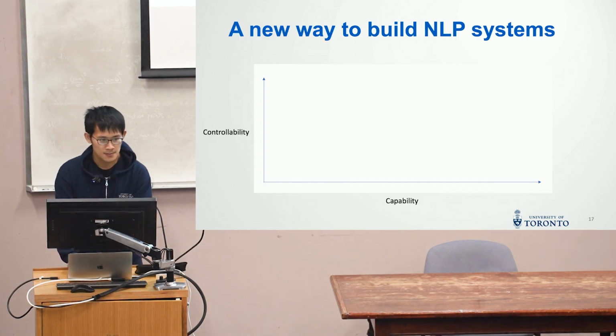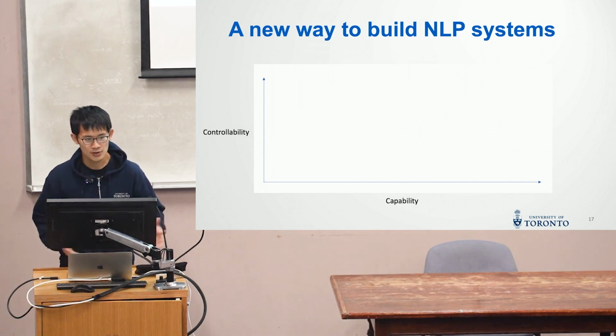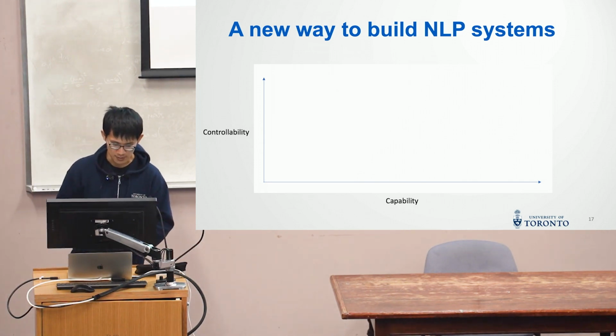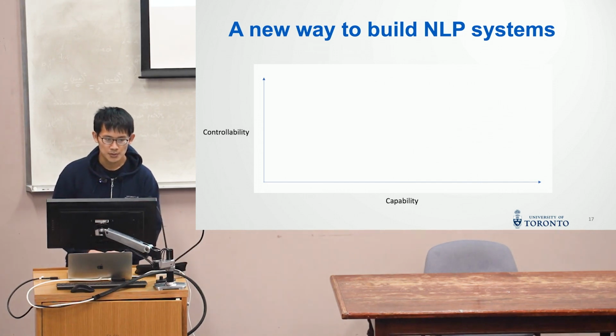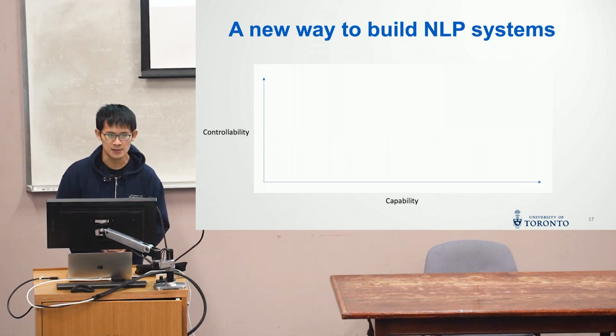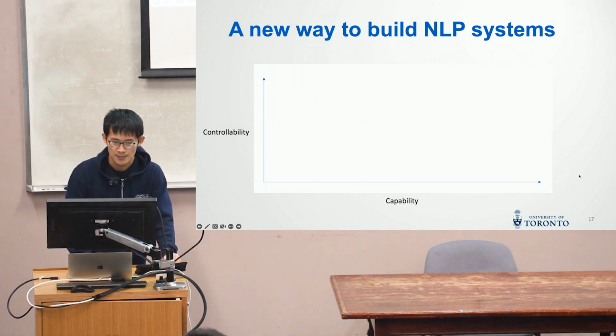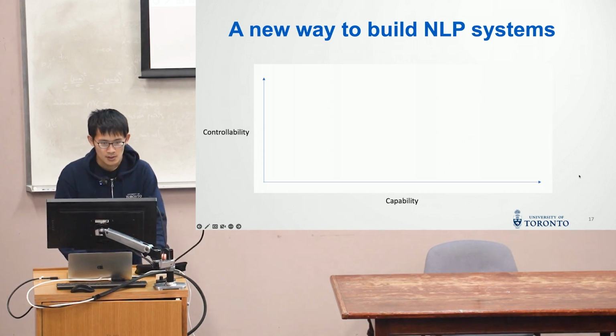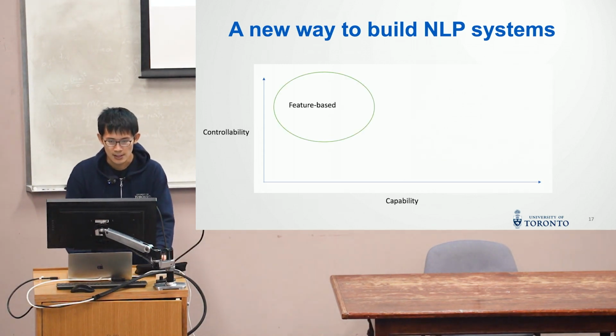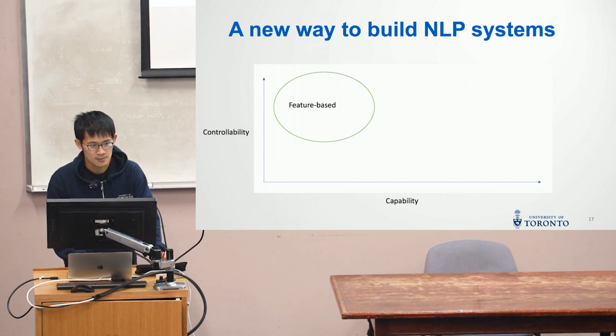So let's shift the direction and take a look at the impact of the large language models. ChatGPT and GPT-3 and other large language models actually offer us a new way to build NLP systems. If we plot on the controllability versus capability dimensions, which you have seen in the natural language understanding lectures, you can see that the feature-based systems are located at the top left corner of this plot.